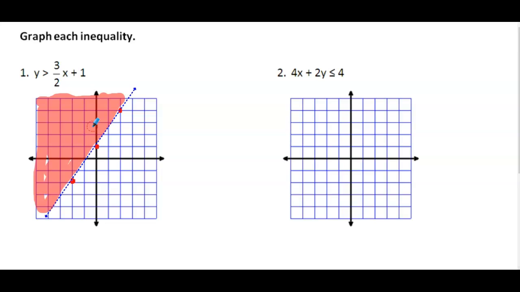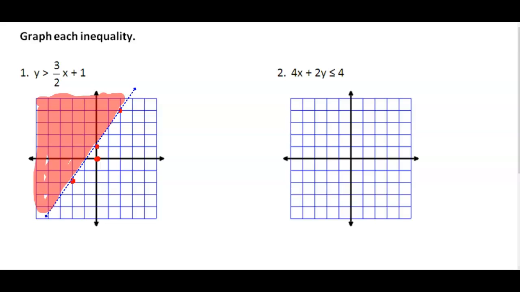The last thing you want to do is pick a test point to determine if your graph and shading is correct. Now, if I only ask you to pick a test point and not a solution point, the best point to pick, as long as your graph doesn't go through it, is 0, 0. So if I ask you for a test point and not a solution point, the best point to pick is 0, 0.